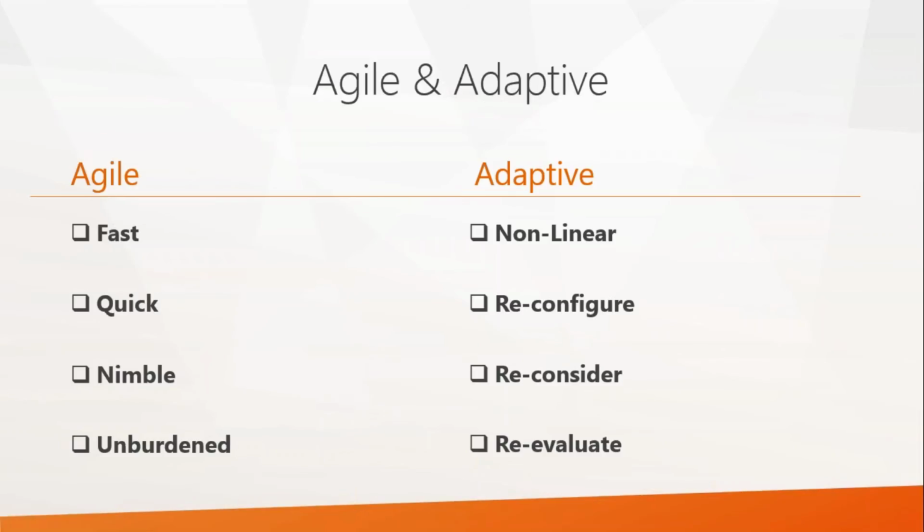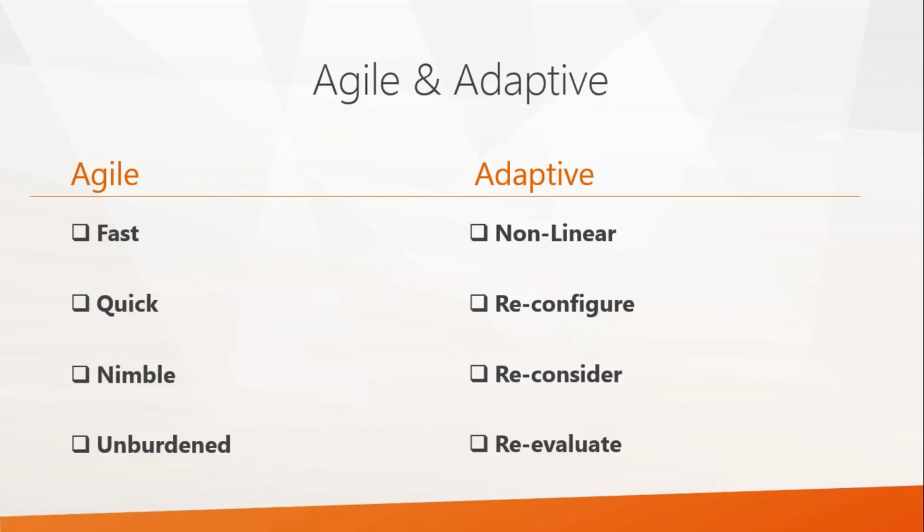So, just to take this one step further, for our purposes here, we can say that agile and adaptive consists of the following ideas. Now, these are not all inclusive. You can add your own. These are just some things that I have put down here to sort of stimulate our thinking. Agile, I have included under that fast, quick, nimble, unburdened.